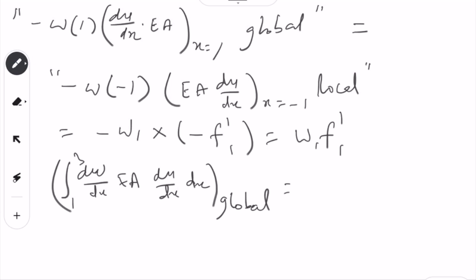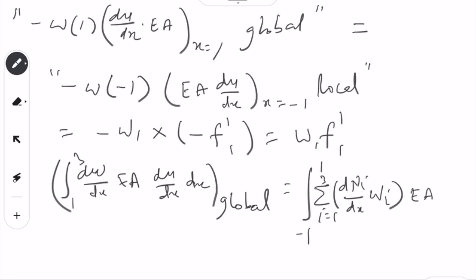Will be equal to, we know that we will have minus 1 to 1, and then dw dx. dw dx will be simply the summation of dNi over dx, i equal to 1 to 3, and then wi. So that is what it will be, multiplied by EA, and we will continue here.